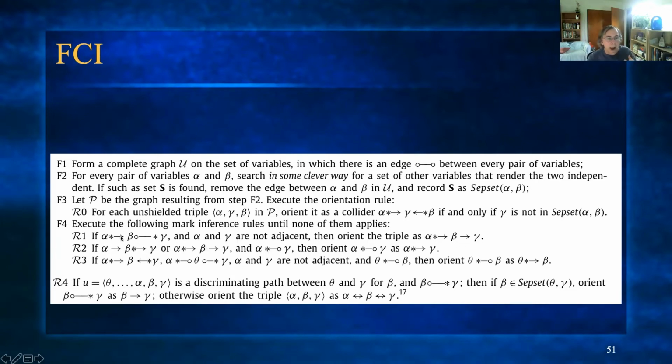So here, if I have an arrowhead coming into a circle, then I make it a tail, which is similar to orienting edges away from a collider.